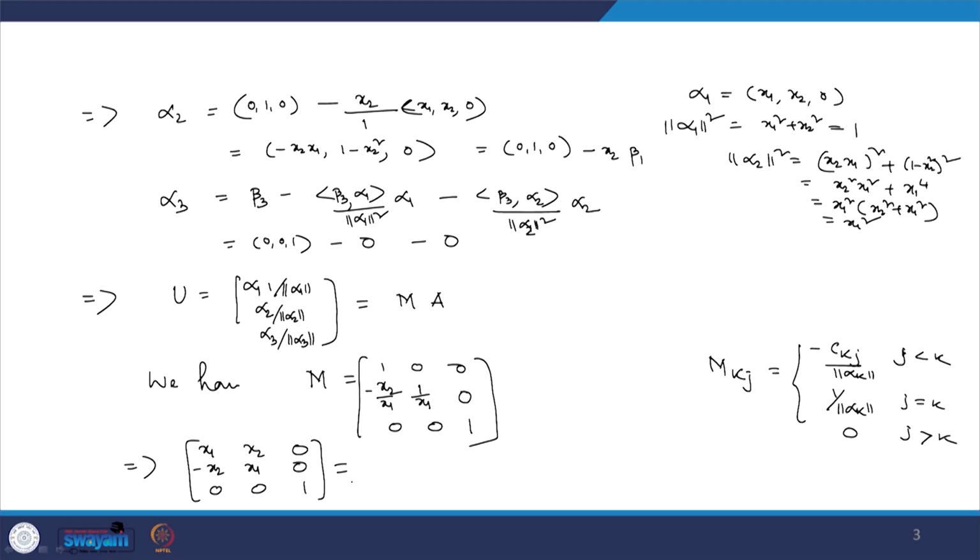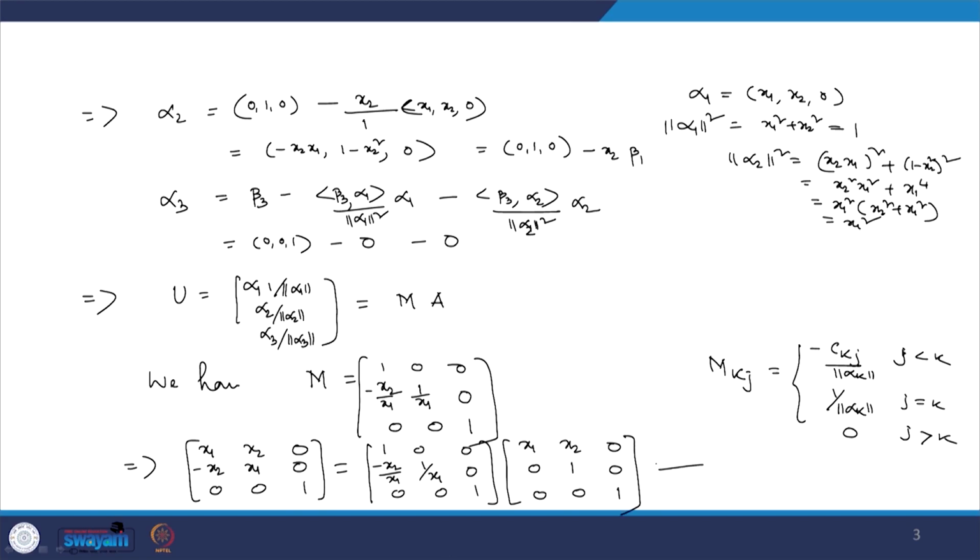This will be equal to 1, 0, 0, minus x2 by x1, 1 by x1, 0, 0, 0, 1 into your original matrix, that is x1, x2, 0, 0, 0, 1, 0, 0, 0, 1, 0, 0, 0, 1.